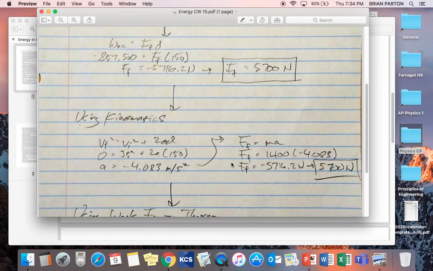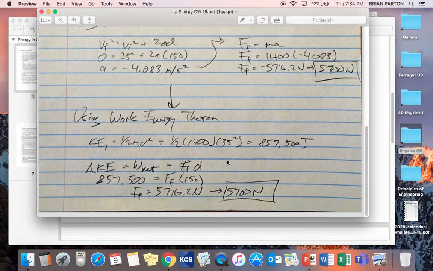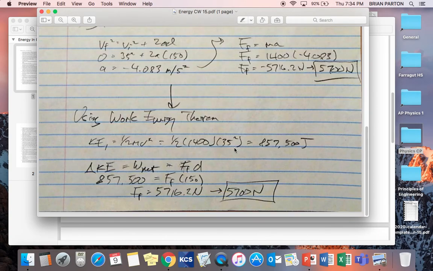And then another way I could look at this is by using the work energy theorem as well. I can do that very similar to before. Solve for KE1 here, 857,500 joules. And instead of putting it into the larger formula like up here, I could just go straight to the point, realizing that the work energy theorem tells me that my change in kinetic energy is equal to my net work.